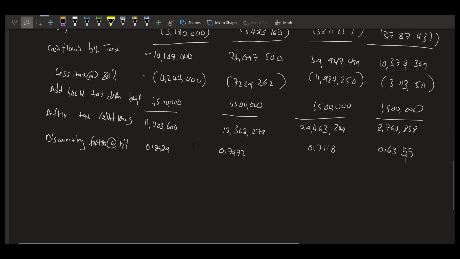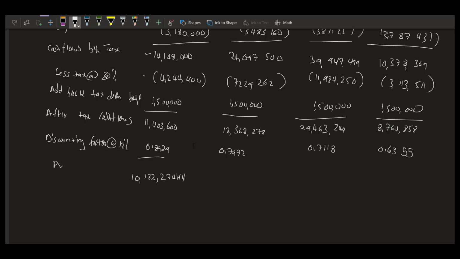From there, we can get the present value of the cash flows. So we multiply 0.8929 by 11,403,600. It's giving us 10,182,274.44.